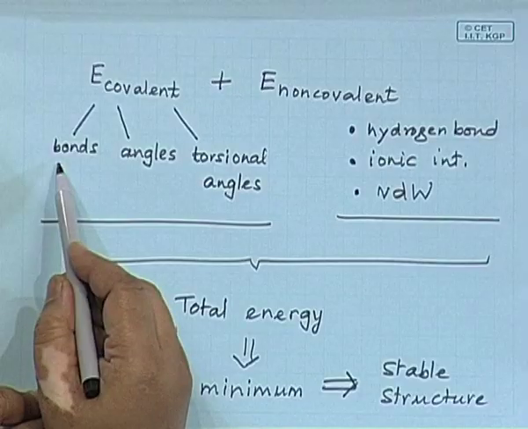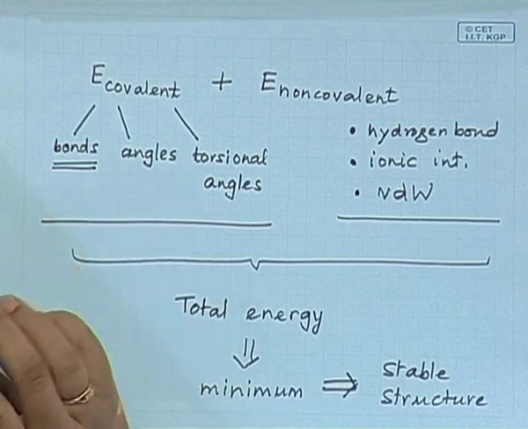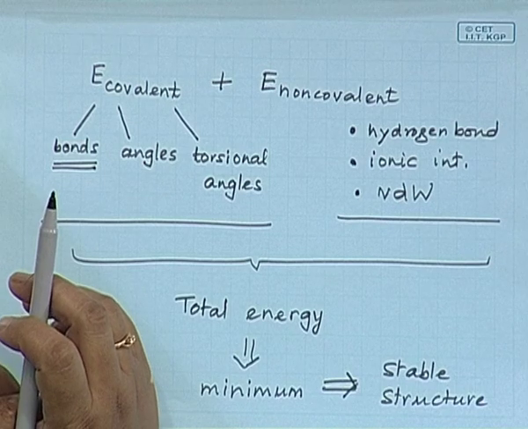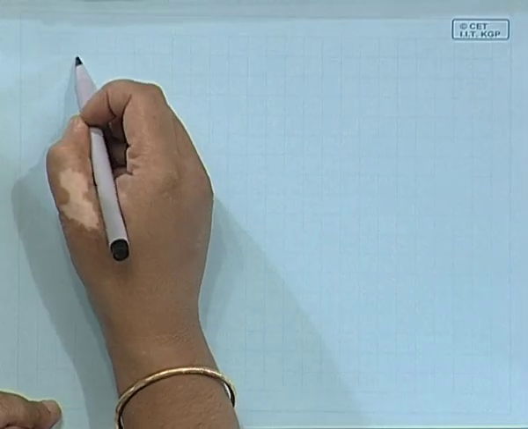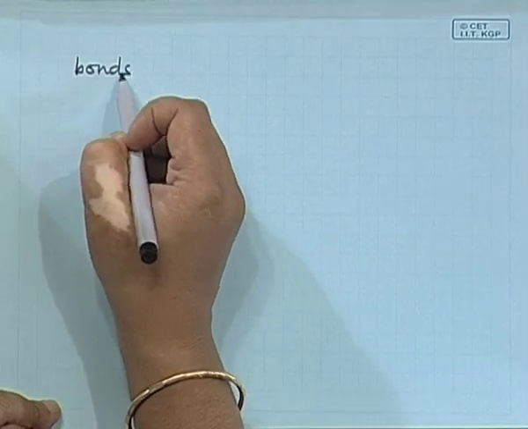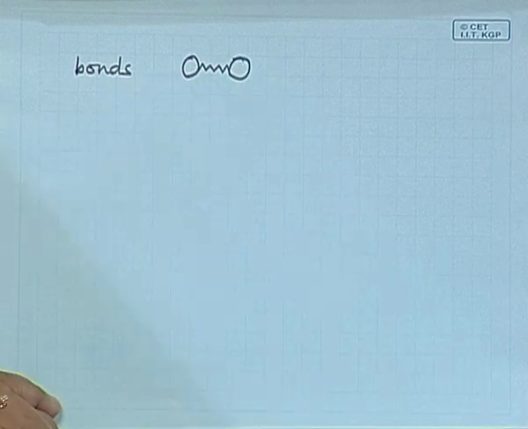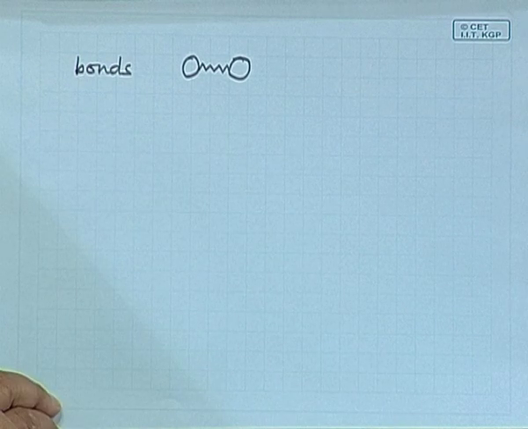Okay. Now, what are these in terms of energetics? If we look at the bonds, how do you represent bonds normally for a compound? You represent them as springs, right. So, what do we have in case of bonds? We represent these as springs and they follow Hooke's law.